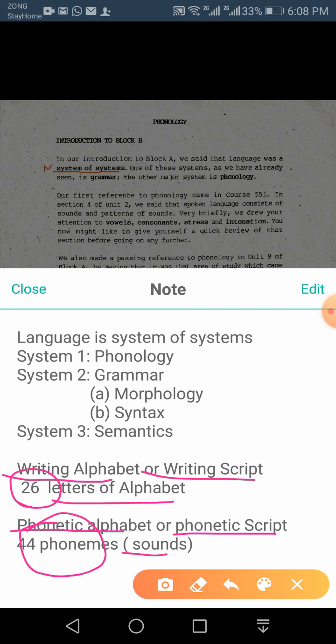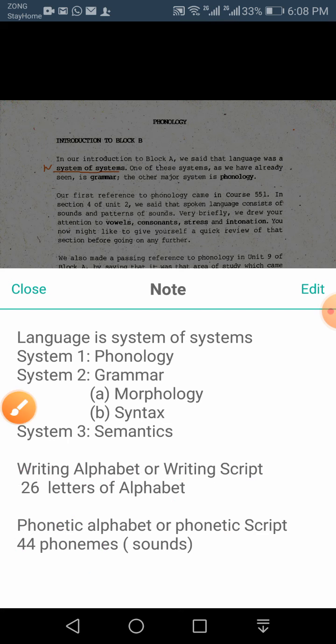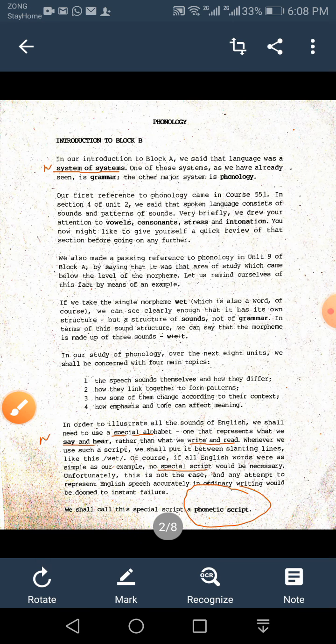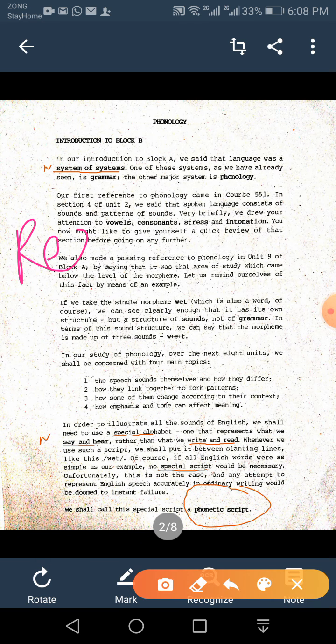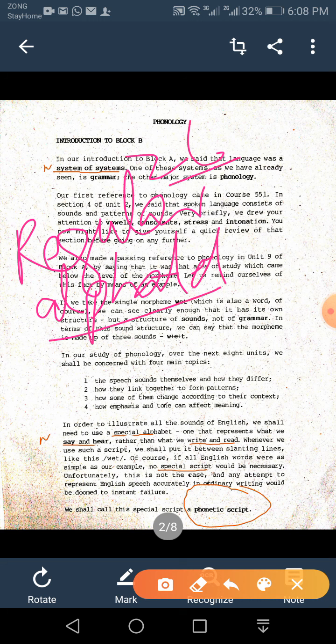So we can say there are two types of alphabet. One is the regular alphabet, and we all know that it consists of writing symbols, which are 26, or print symbols. The books are printed using these 26 letters of the alphabet. This alphabet is known as the regular alphabet.